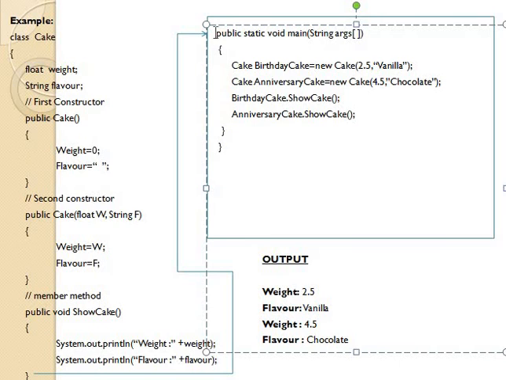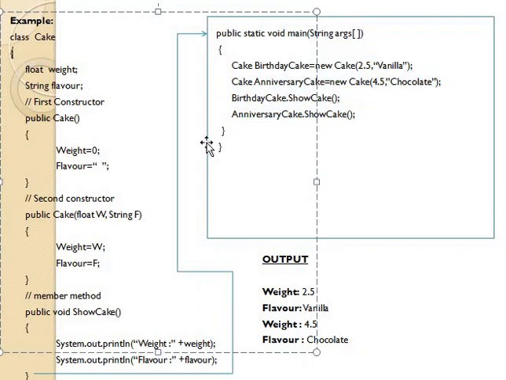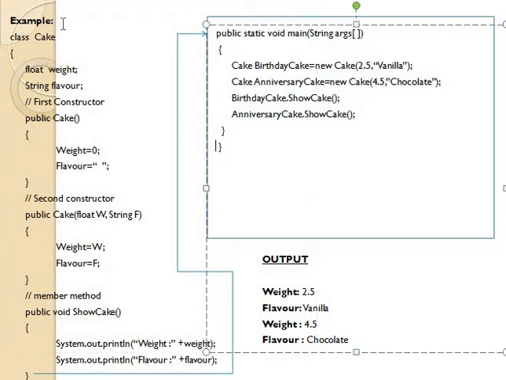And the main method is inside the body of this class called cake, that is, inside the opening curly brace and closing curly brace of the class. So this main method is within this class called cake, and the objects are generally declared inside this main method.